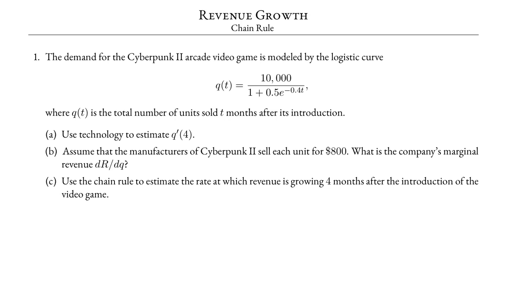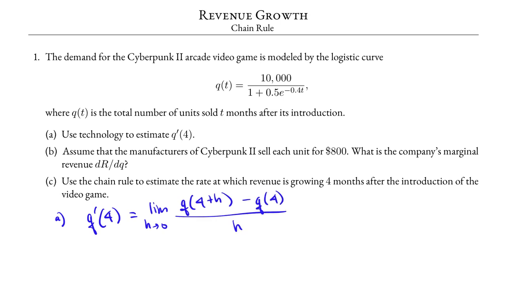We're not asked to find the exact derivative. We're not asked to differentiate Q. We're only asked to use technology to estimate Q'(4). Recall that Q'(4), by the definition, is the limit as h goes to 0 of (Q(4 + h) - Q(4))/h, but for estimation purposes, we use h = 0.0001.